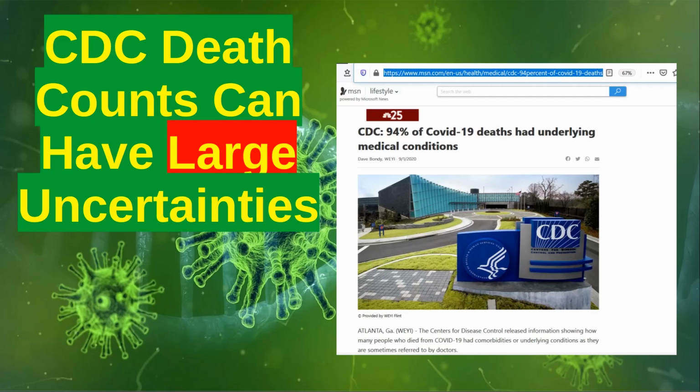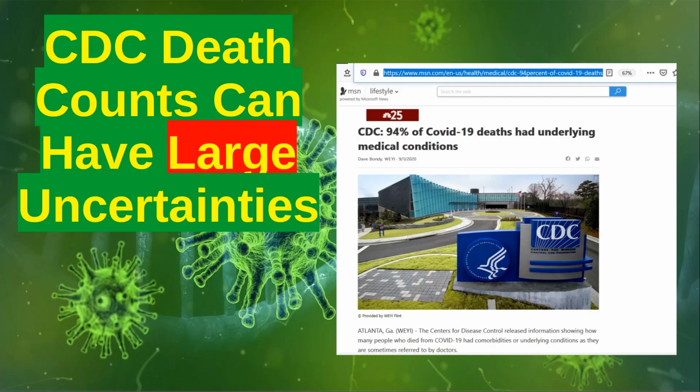In addition, responsible popular science news reporting and political reporting, like Real Clear Politics, should quote error bars or confidence intervals and explain clearly to the public that these numbers have significant uncertainties and any problems with estimating what those uncertainties actually are. It's not clear that we understand what those uncertainties are. It is very likely from the contradictory numbers on the CDC website that these uncertainties are very large.